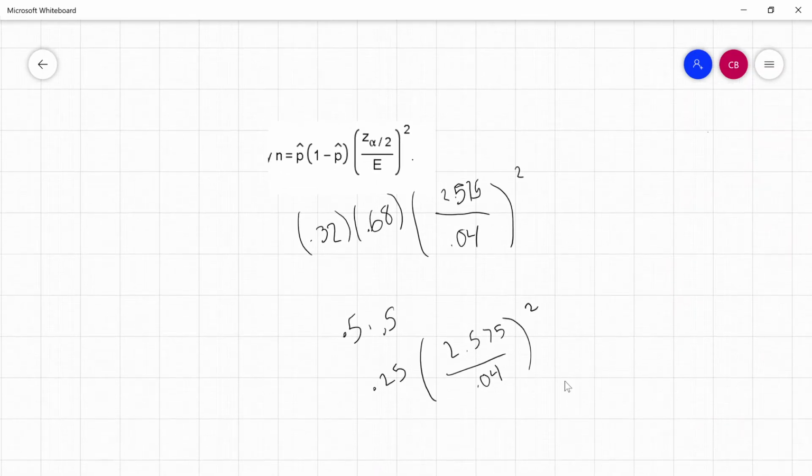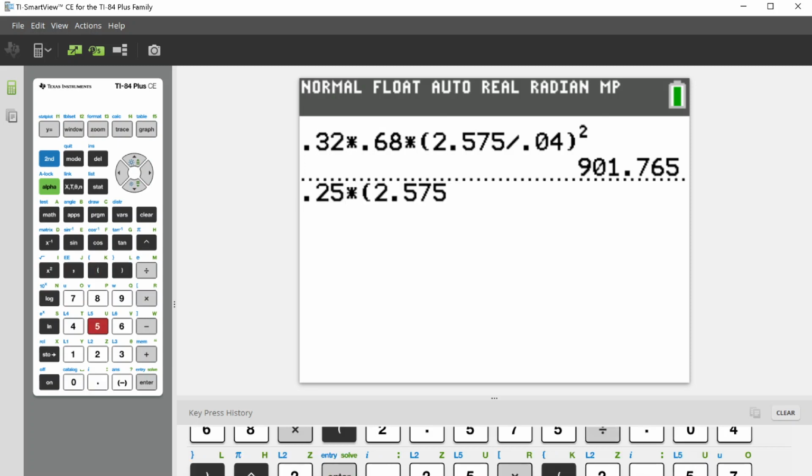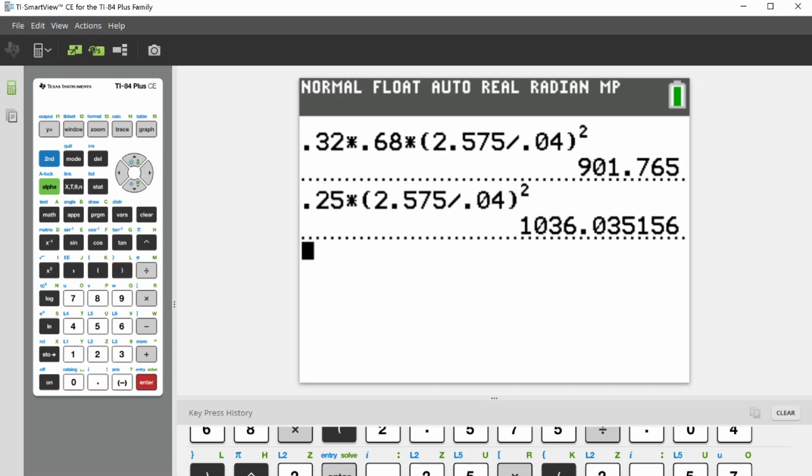Okay, and then we are going to use the calculator again. So we've got 0.25 times 2.575 divided by 0.04 raised to the second, and it tells us we need to poll 1036.